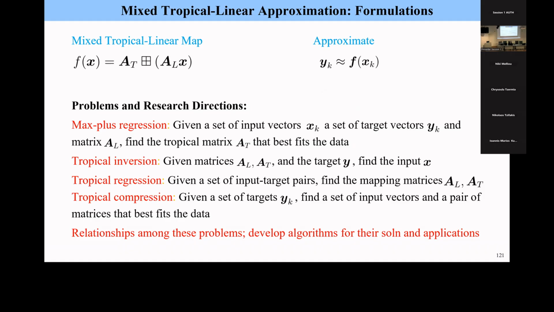A tropical regression, where by tropical regression I mean not just max plus regression, for which I will be talking later, but a combination of max plus regression after the patterns are linearly transformed. So we want to find not just the matrix A_T for the max plus regression, but also the matrix A_L for the linear part. And then tropical compression.